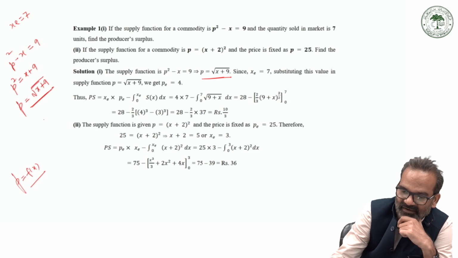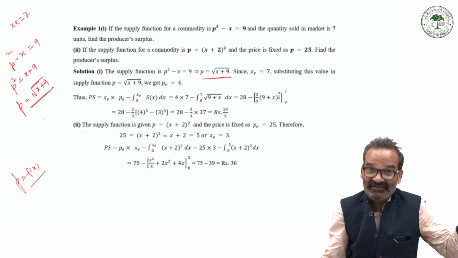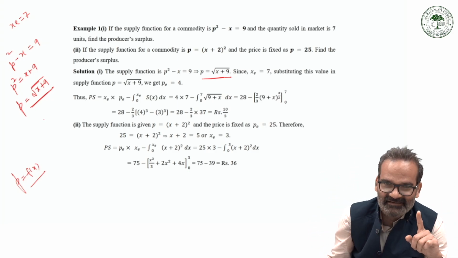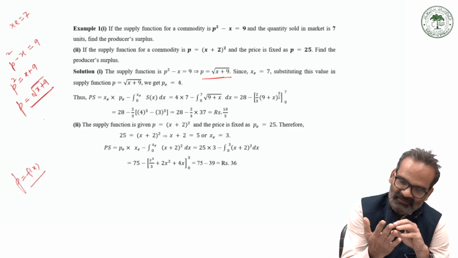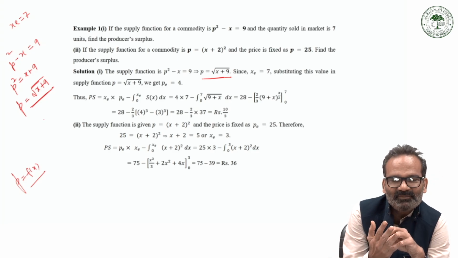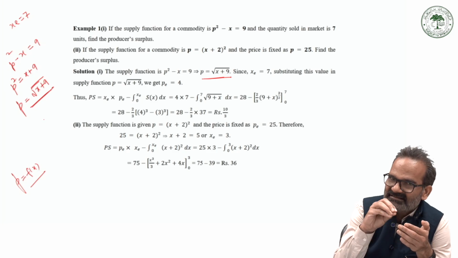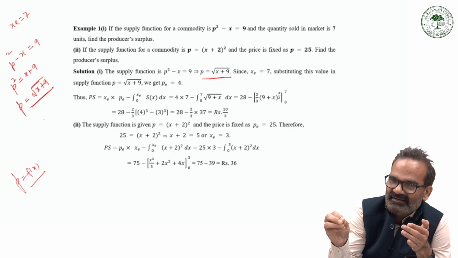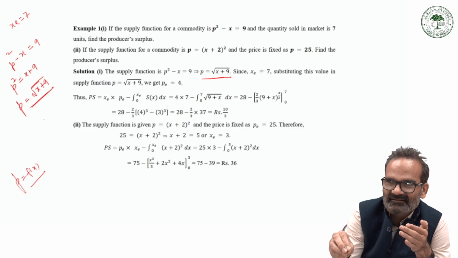Now, the quantity sold in the market is 7 units. There, the quantity is being represented by XE. Try to understand the difference. When we are determining the consumer surplus, the demand function should be taken into account, and XE represents the quantity demanded in the market, and PE is its respective price, right?